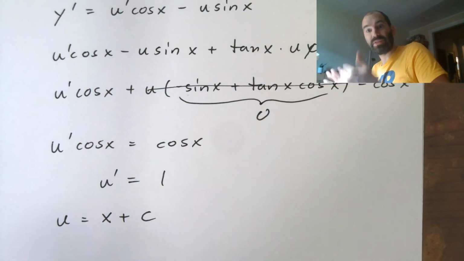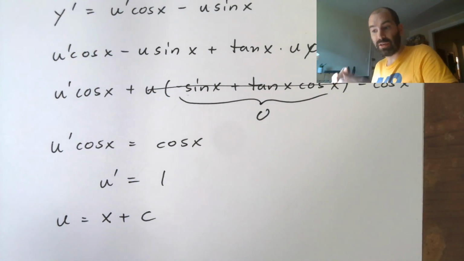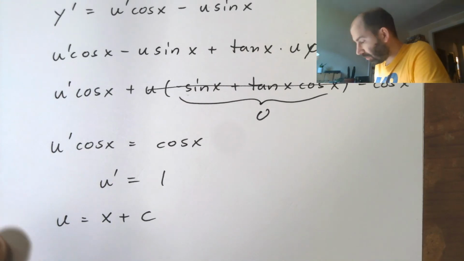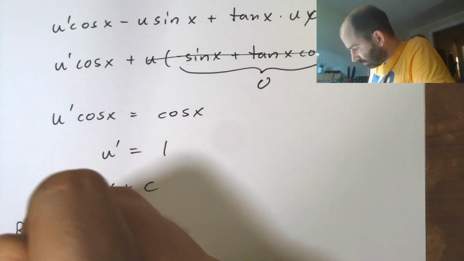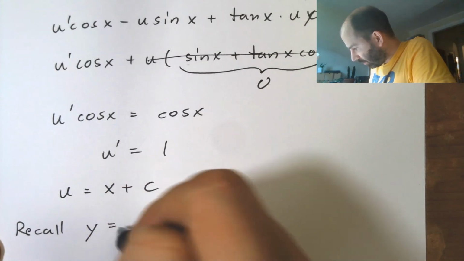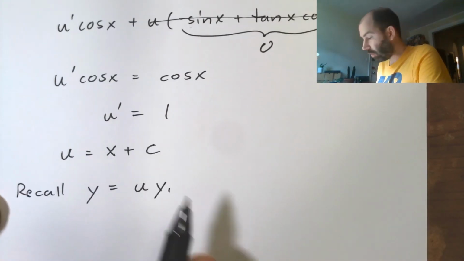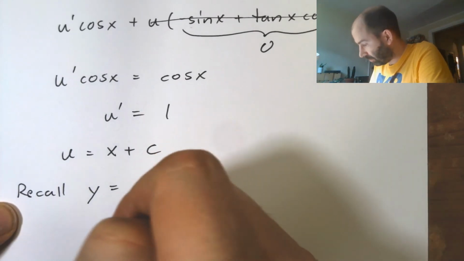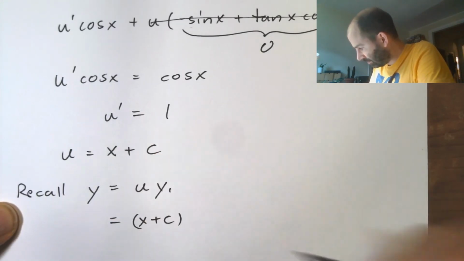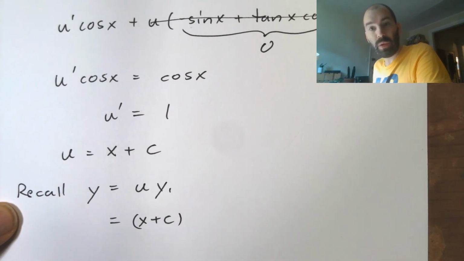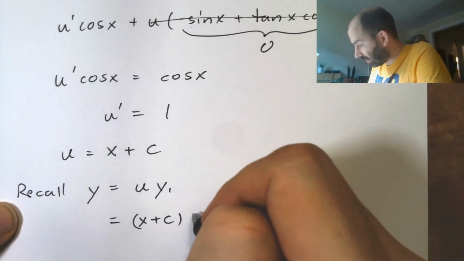Now I'm not done, because what I'm trying to find is not u, I'm trying to find y, right? So recall, y was equal to u times y1. Well, we just found u, so plug that in place of u. And we knew what y1 was. y1 was cosine x.